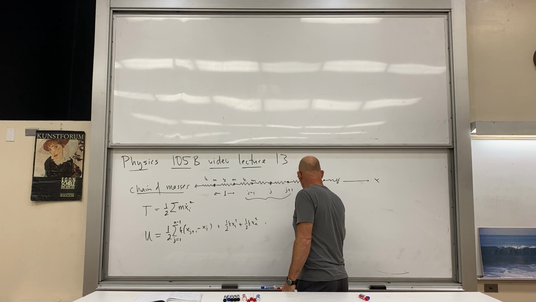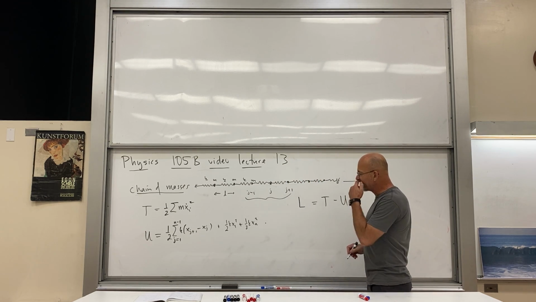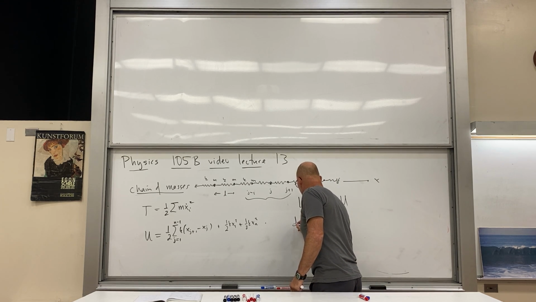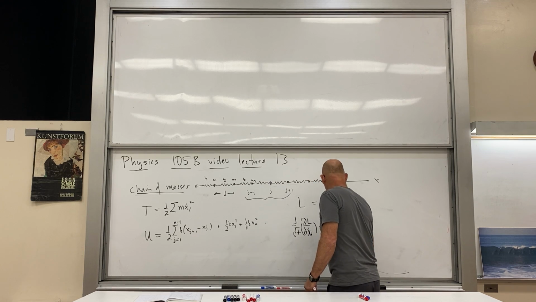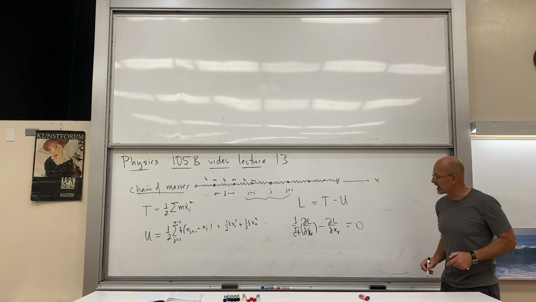So we have L is T minus U, but in particular we can say that the time derivative of dL/d x_nu dot minus dL/d x_nu equals 0. That's the Euler-Lagrange equation.